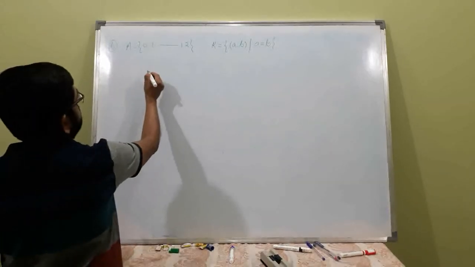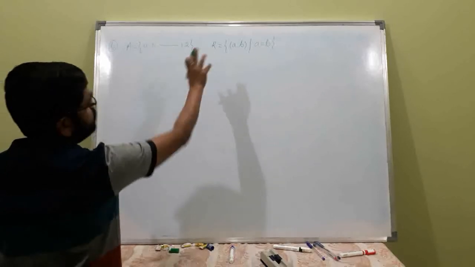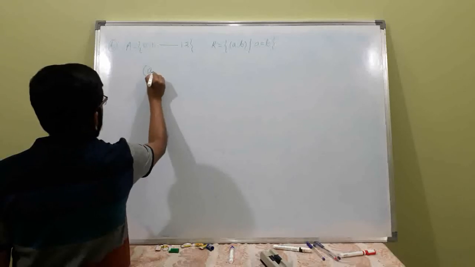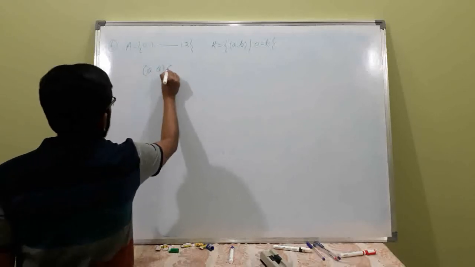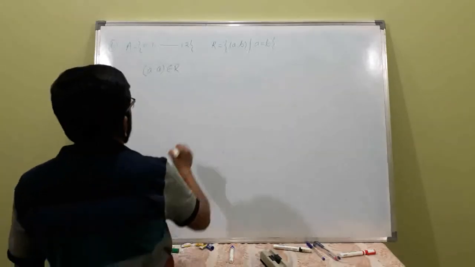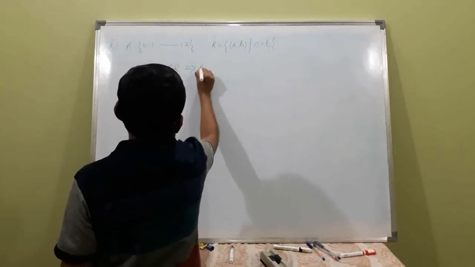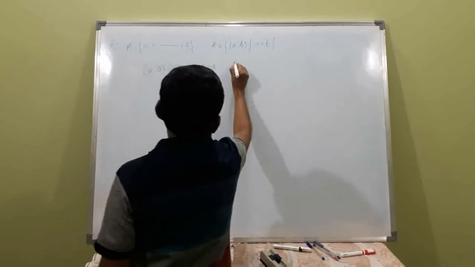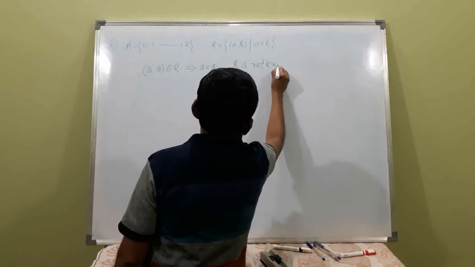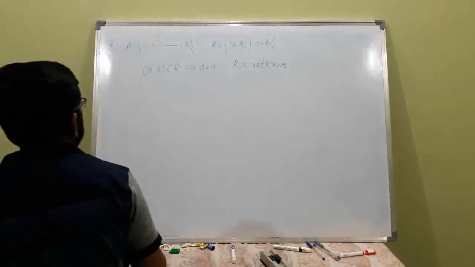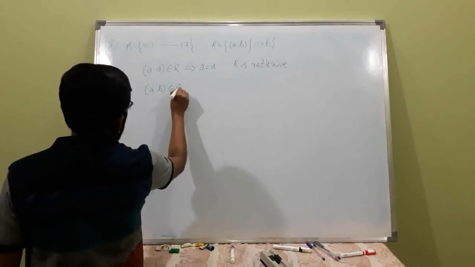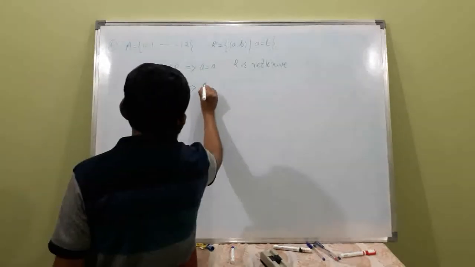Clearly, that means (0, 0), (1, 1), (2, 2), up to (12, 12). (a, a) belongs to R, a is equal to a, R is reflexive. (a, b) belongs to R implies a is equal to b.